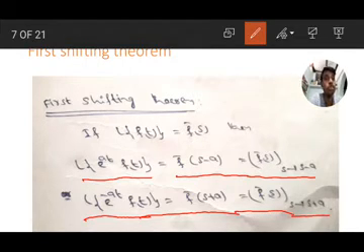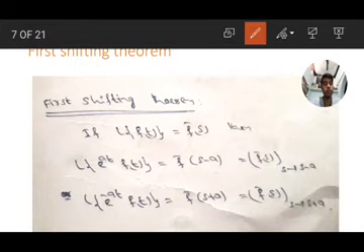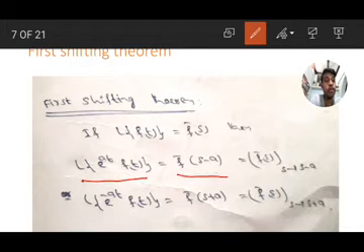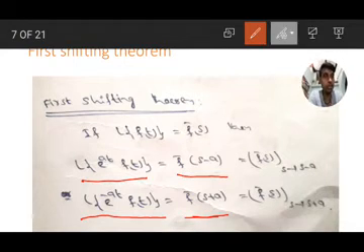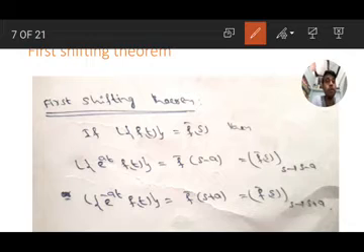This is the first shifting theorem. Once again, listen carefully. If L of f of t equals f bar of s, then L of e to the power of at into f of t equals f bar of s minus a, and L of e to the power of minus at into f of t equals f bar of s plus a. Okay, next shall we move to problems?